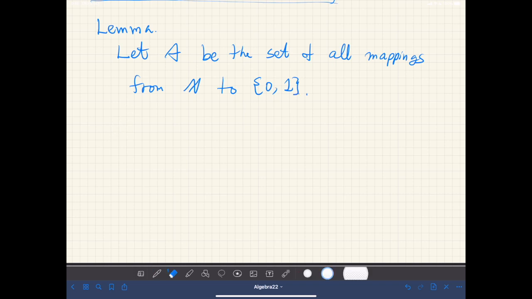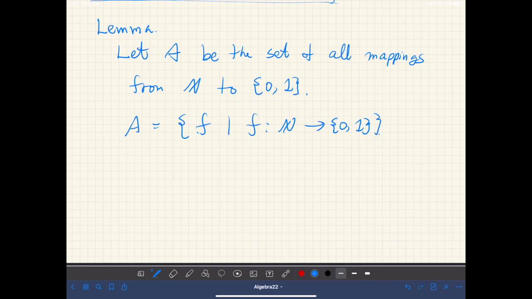So A could be written as something like this: the set of f such that f is a function from N to {0, 1}. So the set of all mappings from natural numbers to this set of two elements. Then A is uncountable.